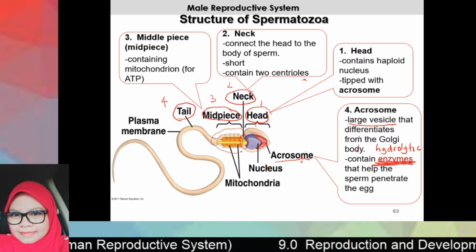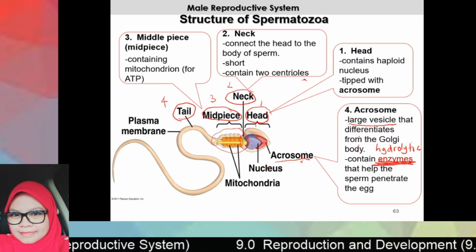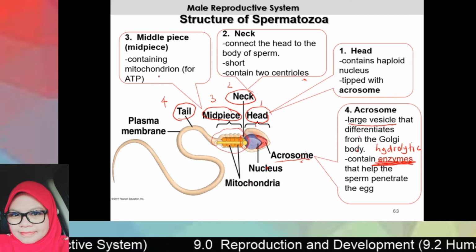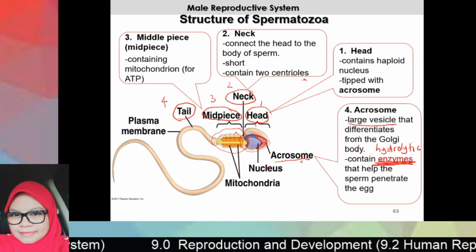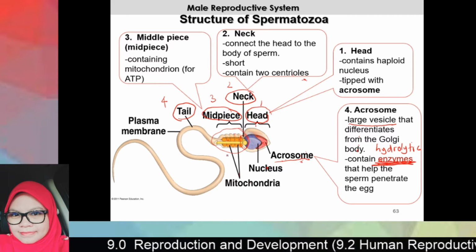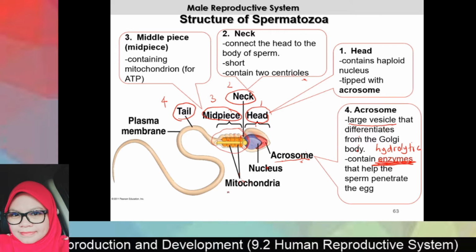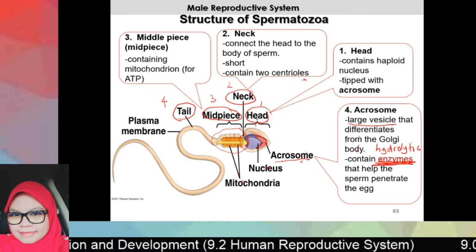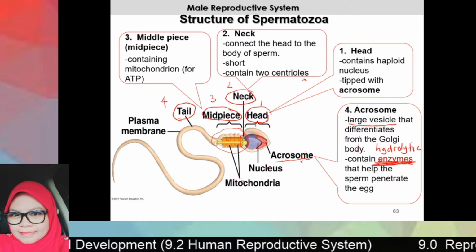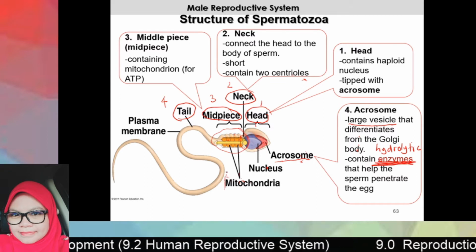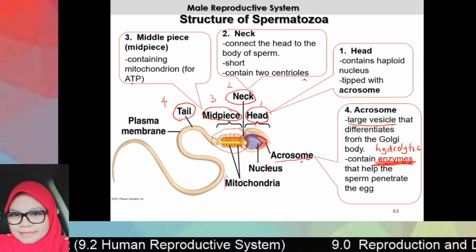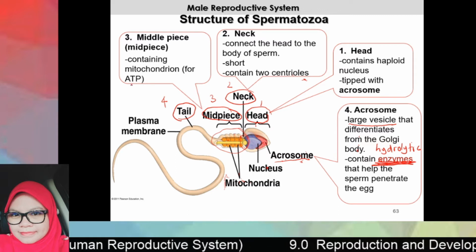Now proceed to the mid piece. As you can see here, the mid piece contains a lot of mitochondria. The mitochondria, as you know, is the site for cellular respiration. The importance of the sperm having a high number of mitochondria is to supply ATP.